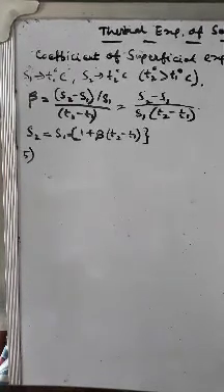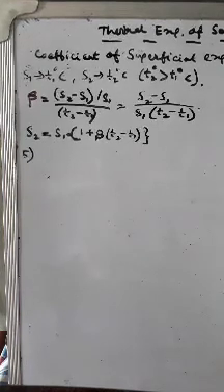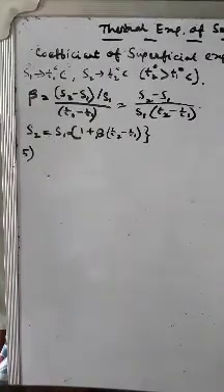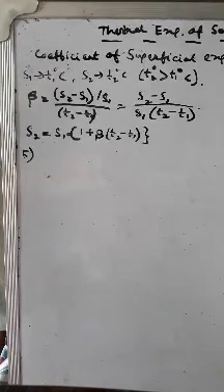The base of an iron saucepan has a diameter of 0.20 meters at 15 degrees C. What will be the increase in area of the base of the saucepan when it is filled with boiling water? Given the coefficient of linear expansion of iron is equal to 12 into 10 to the power minus 6 per degree C.